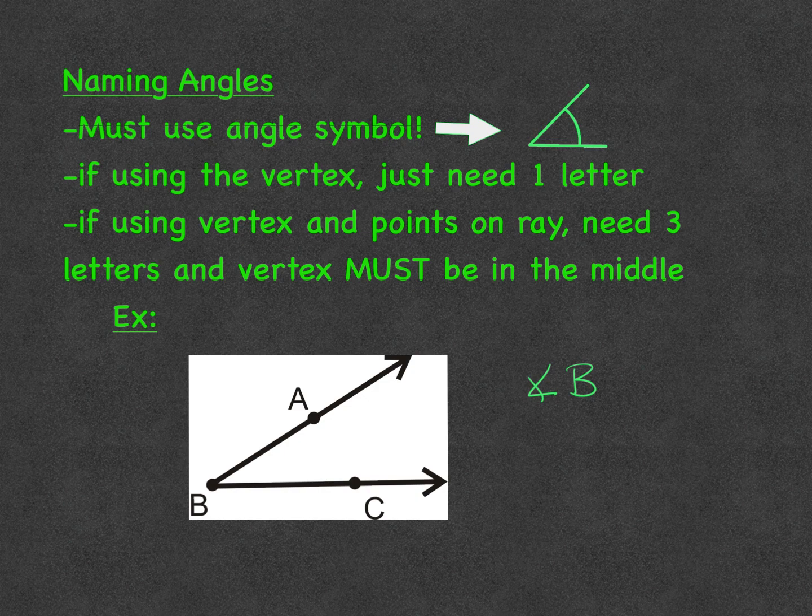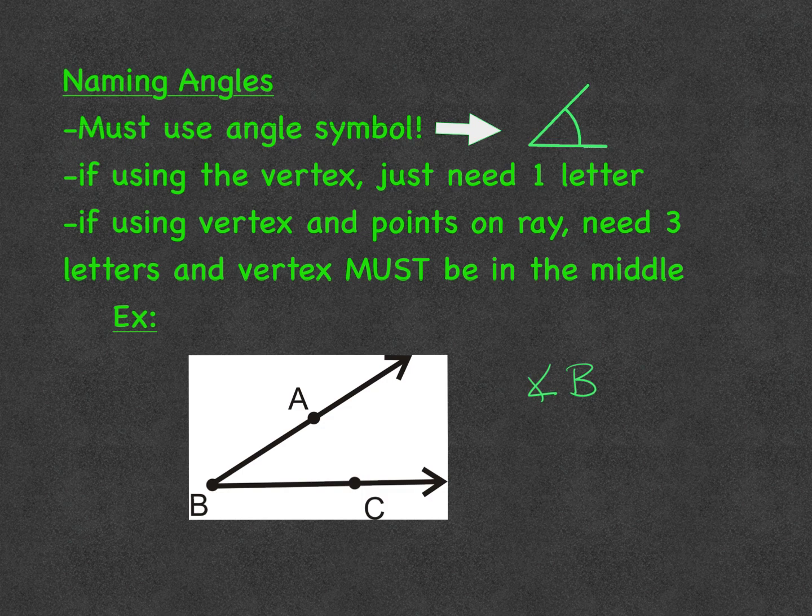But then the next one says if we use a vertex and points on the ray, we need three letters and the vertex must be in the middle. So if I use the vertex which said B, we can use that by itself. And we got angle B. But if I want to use angle, the points on the rays and B, I have to use three letters. So it's either one letter or three letters. No in between when you're naming an angle.